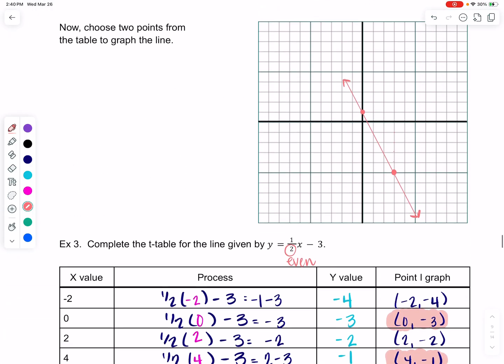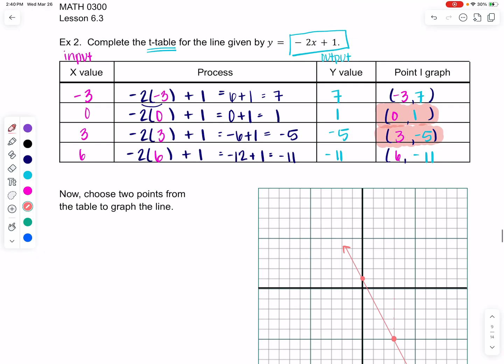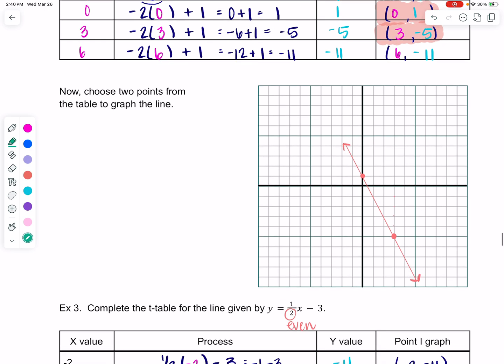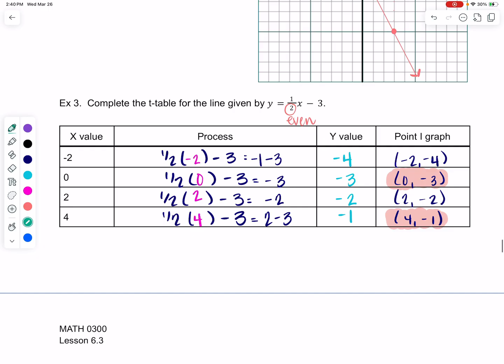Now, if you look at the equations, right here, I have a +1. And my graph crosses the y-axis at y equals 1. For the second one, I have a -3 in the back.